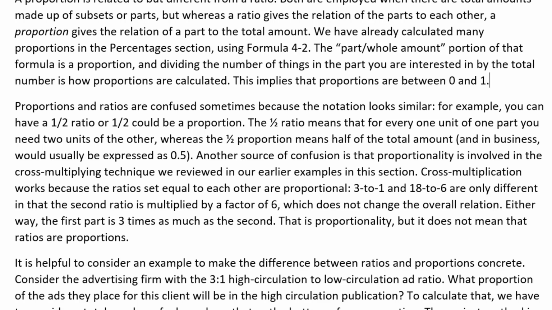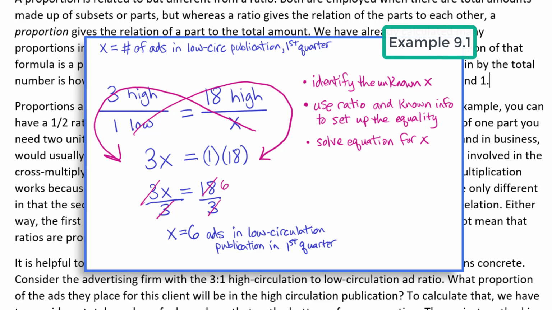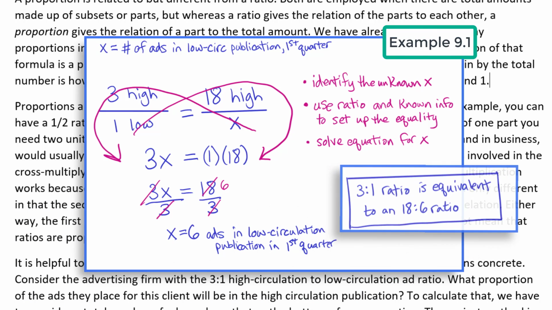So another source of confusion is that proportionality is involved when we use cross multiplication, like we've been using in our earlier examples in this section. Cross multiplication works because the ratios that we set equal to each other are proportional. So 3-to-1 and 18-to-6 ratios we figured out in example 9.1 are only different in that the second ratio is multiplied by a factor of 6.